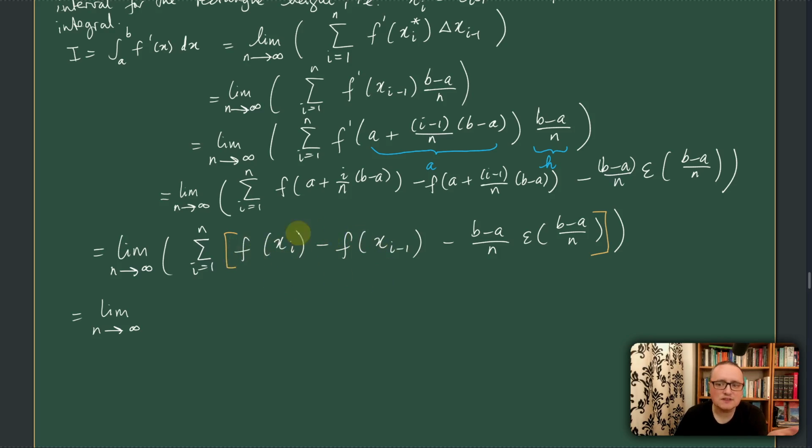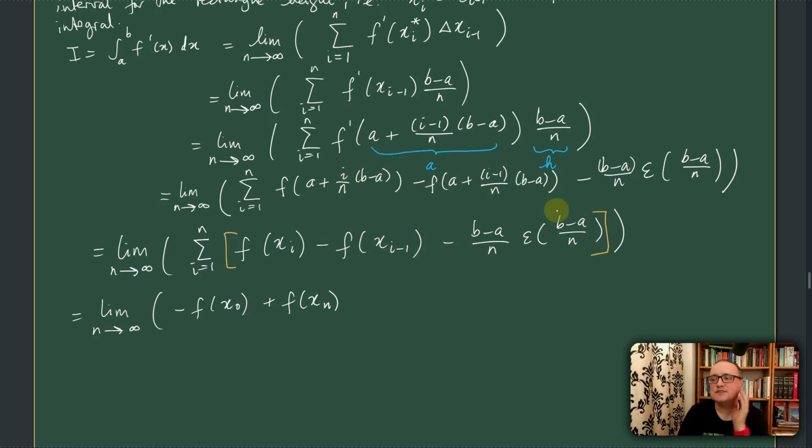So almost all of these f's will cancel. The only ones that won't cancel are the first negative term, negative f of, which we'll call x naught for the moment, because that has no earlier positive term to cancel with. And then the last positive term, f of xn, because that has no following negative term to cancel with. All the other evaluations of f here cancel with each other, because for each positive one there's a partnering negative one which comes after it.